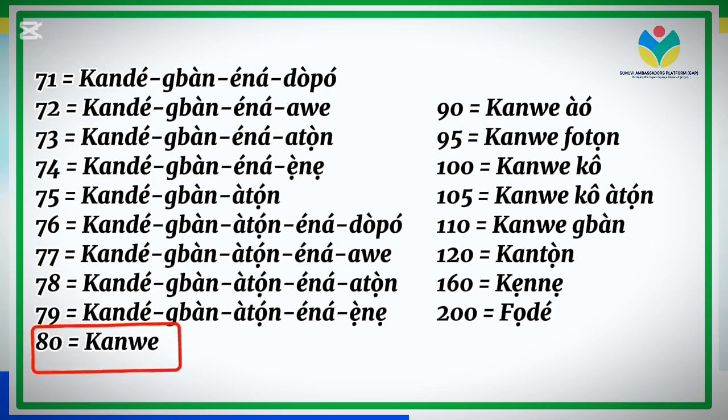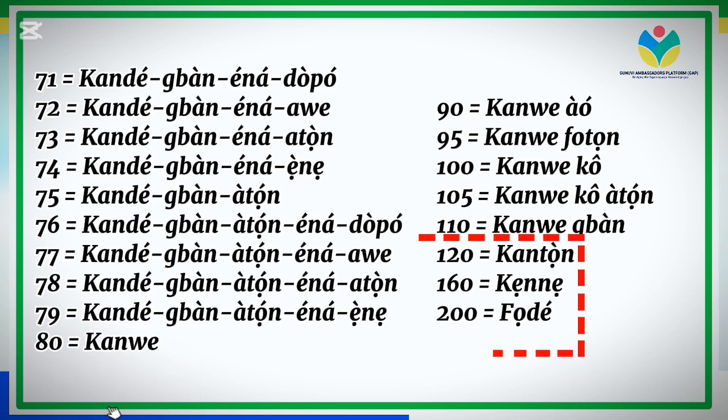And by the time we reach 80, 80 is what we call Kanwe. Remember, awe, that's 2. You just take the Kan and you add the other one to it, Kanwe. So when you reach 120, you have what? Kanton. Now from there, if you continue, we have what? Kene. Pay attention to that.